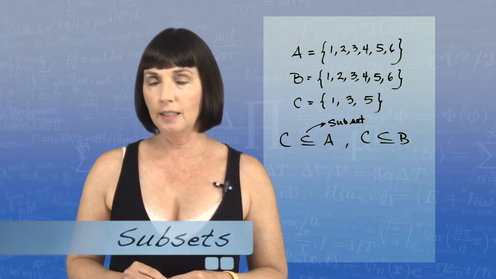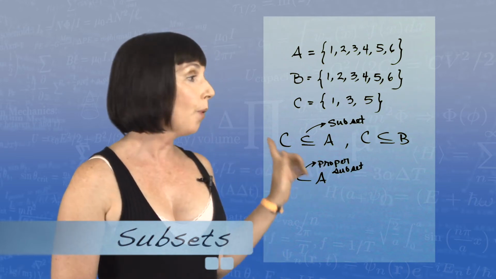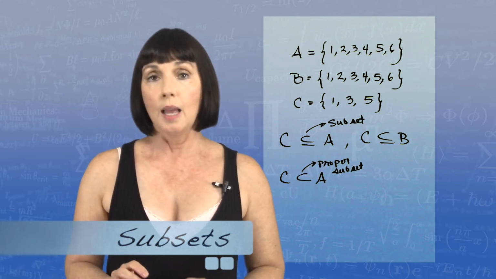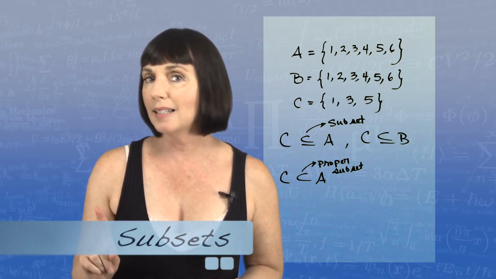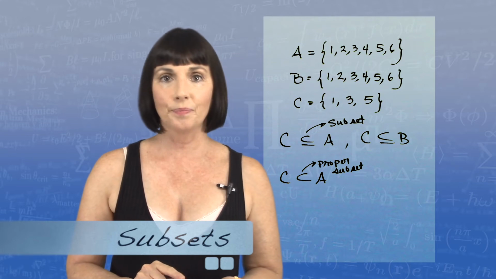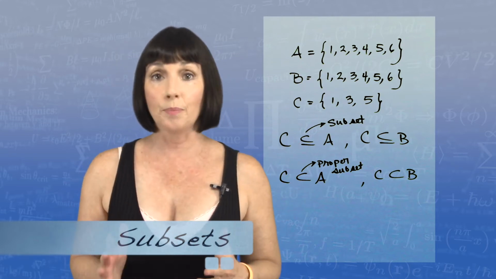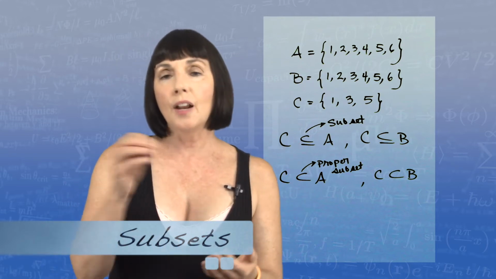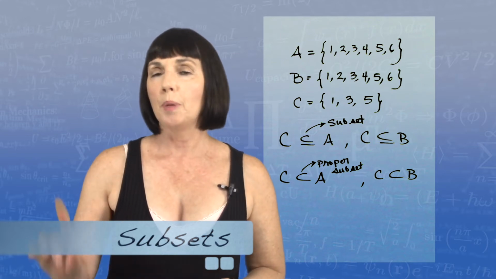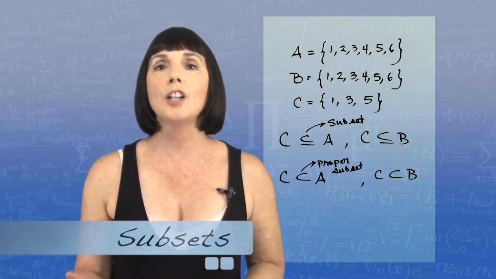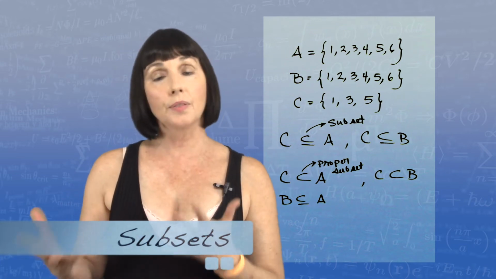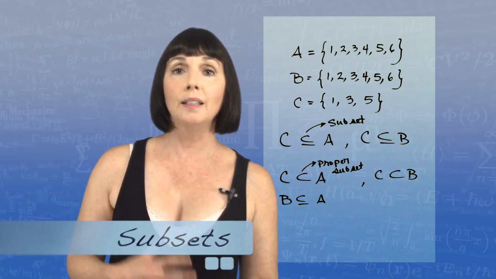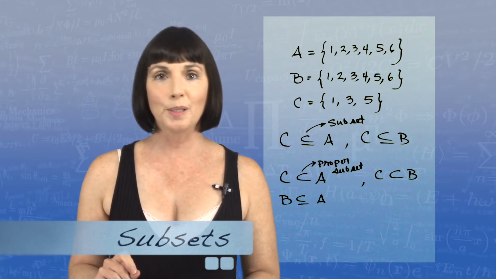Now, actually, set C is a proper subset of set A because everything in C is also in A, but A contains elements that are not in C. And C is a proper subset of set B because everything in C is in B, but B contains elements that are not in C. Now, set B is a subset of set A because everything in B is in A, but it's not a proper subset.